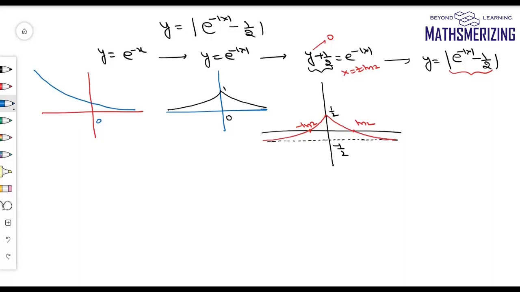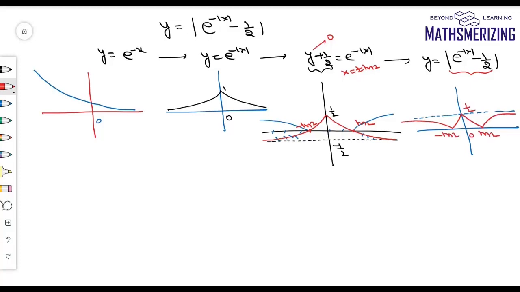So mirror on x-axis, reflection of down on up, and then erase the graph from third and fourth quadrant. So basically this graph will be, so that's the graph of mod of e to the power minus mod x minus 1 by 2.